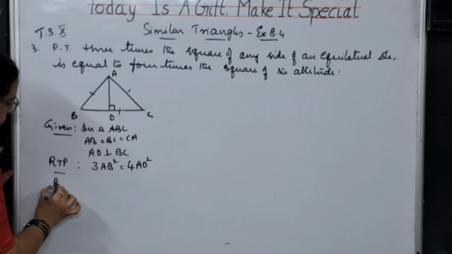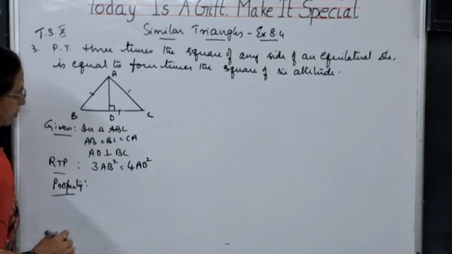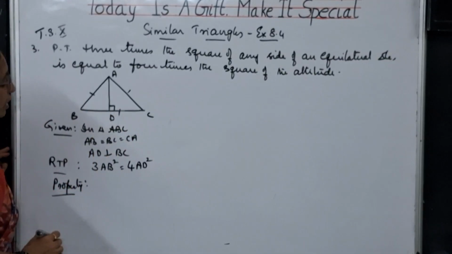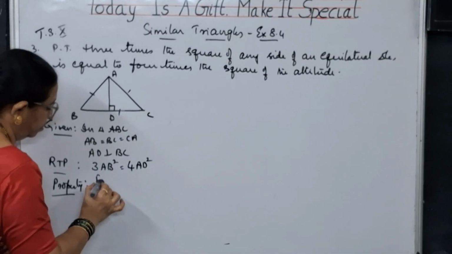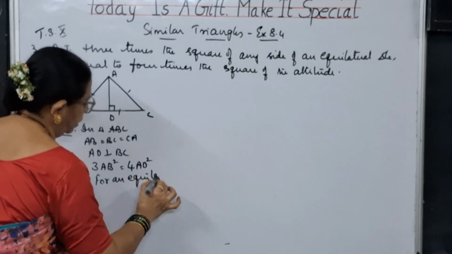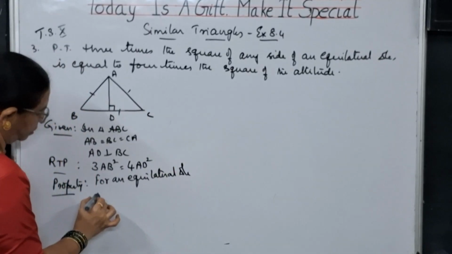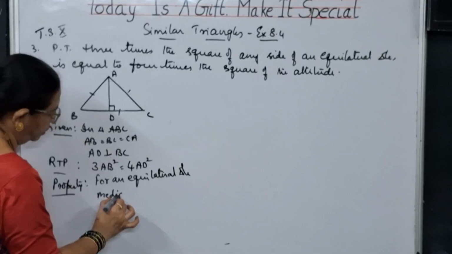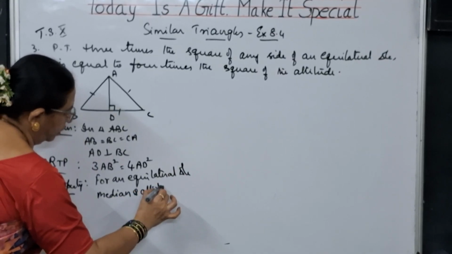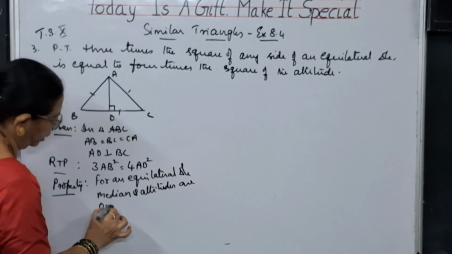So here, what is the property that we use here is, for an equilateral triangle, median and altitudes are one and the same.